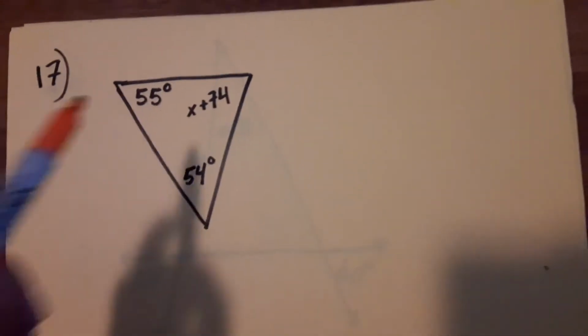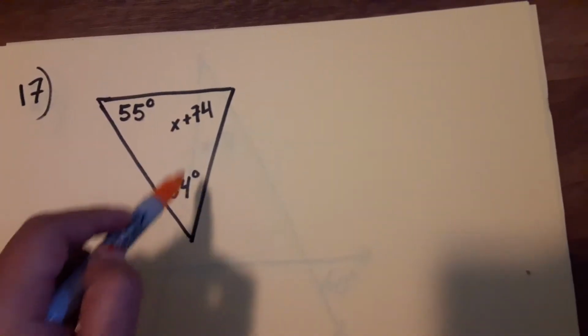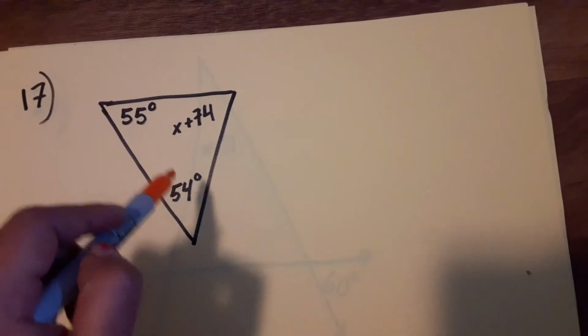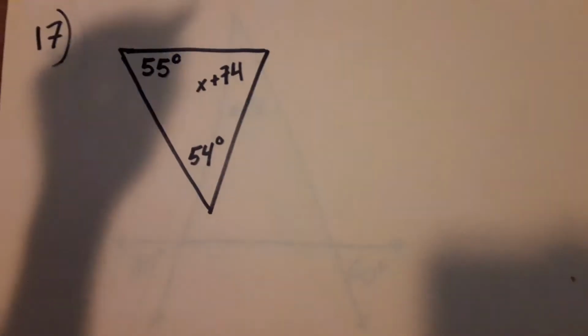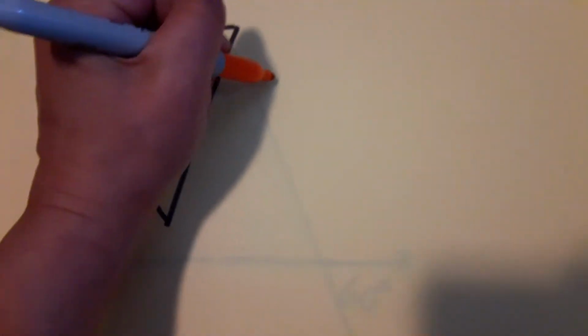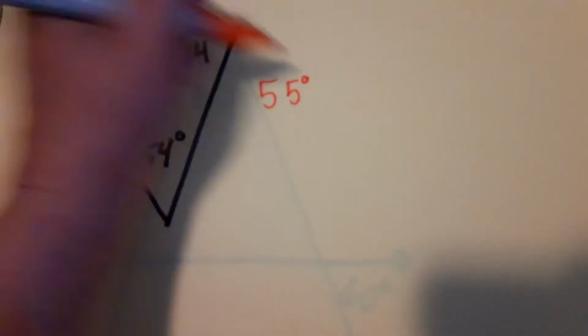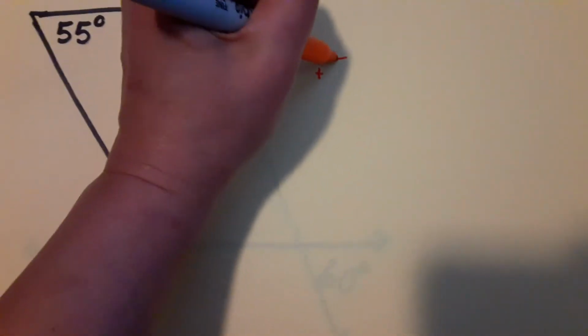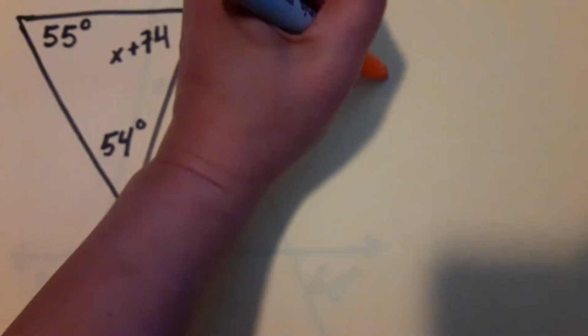So I'm going to take these three, well, this expression and these angles, and add them up and have them equal 180. So let's start off. 55 degrees plus 54 degrees plus x plus 74 equals 180.